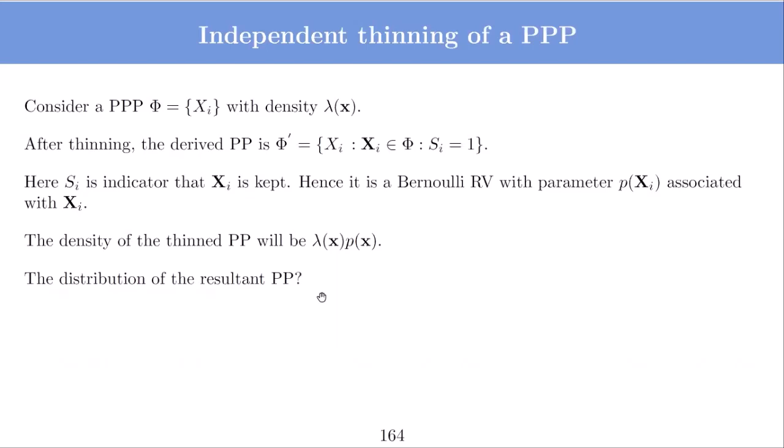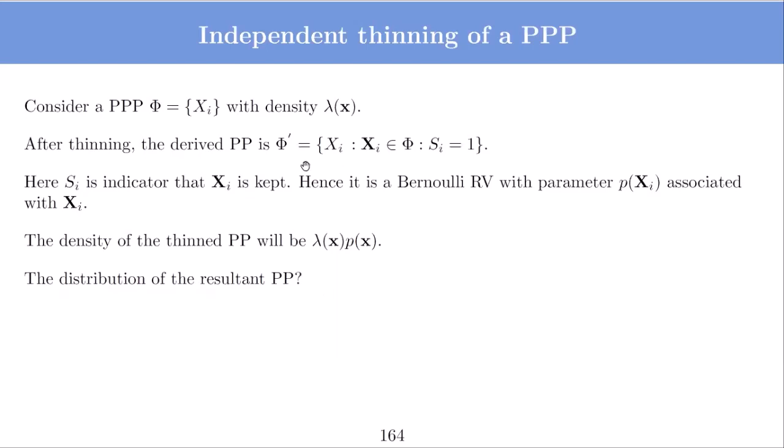So in particular, consider a Poisson point process with density lambda(x), and after thinning, the derived point process is denoted by phi dash. We use S_i as an indicator, and whenever X_i is kept, any ith point is kept in the derived PP, we will make S_i equal to 1. And if S_i equals 0, then X_i is deleted.